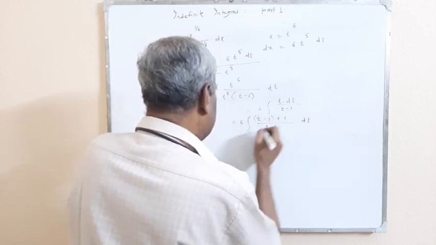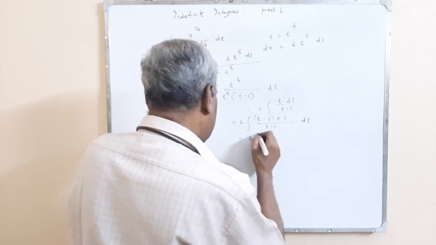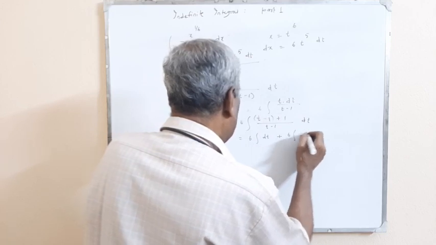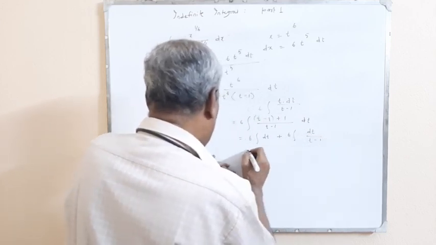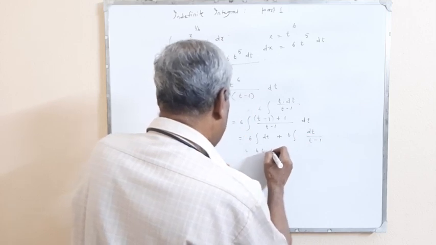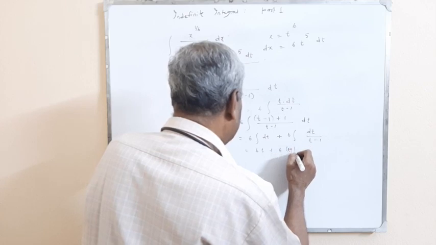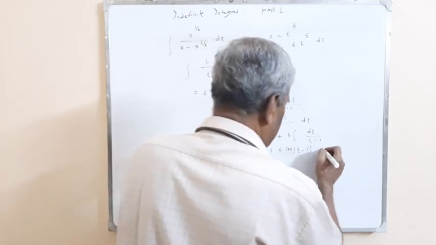So this by that is simply 1. So integration dt plus 6 into dt by t minus 1. Now it is 6t plus 6 log of t minus 1, now plus c.